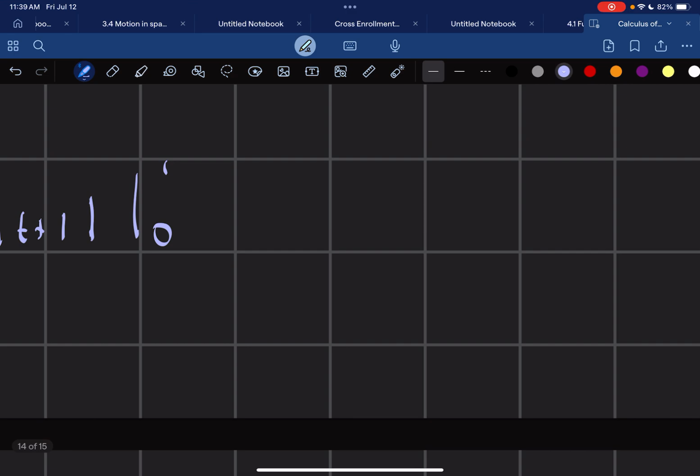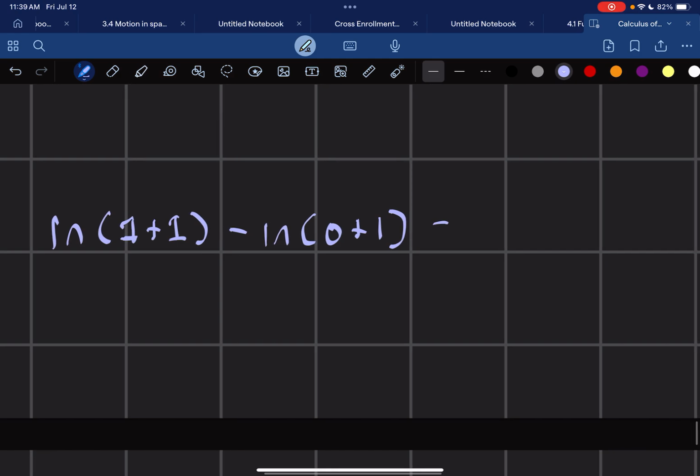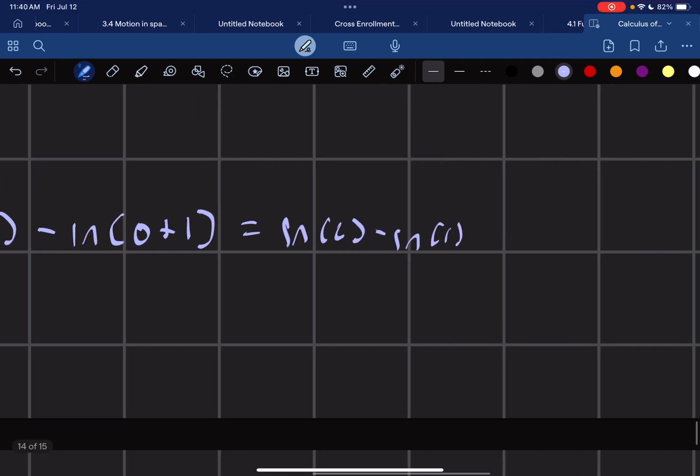So we have ln of 1 plus 1 minus ln of 0 plus 1. That would equal ln of 2 minus ln of 1, which equals ln of 2.